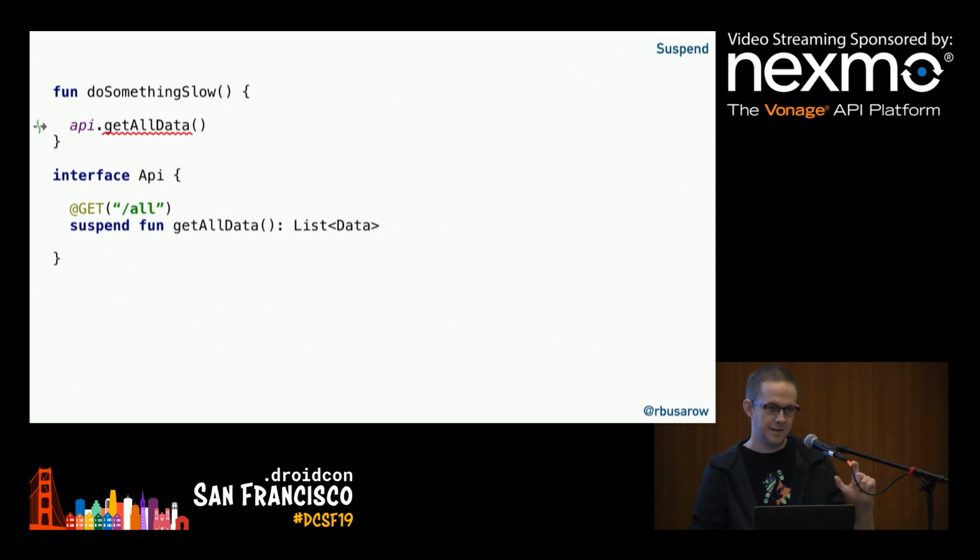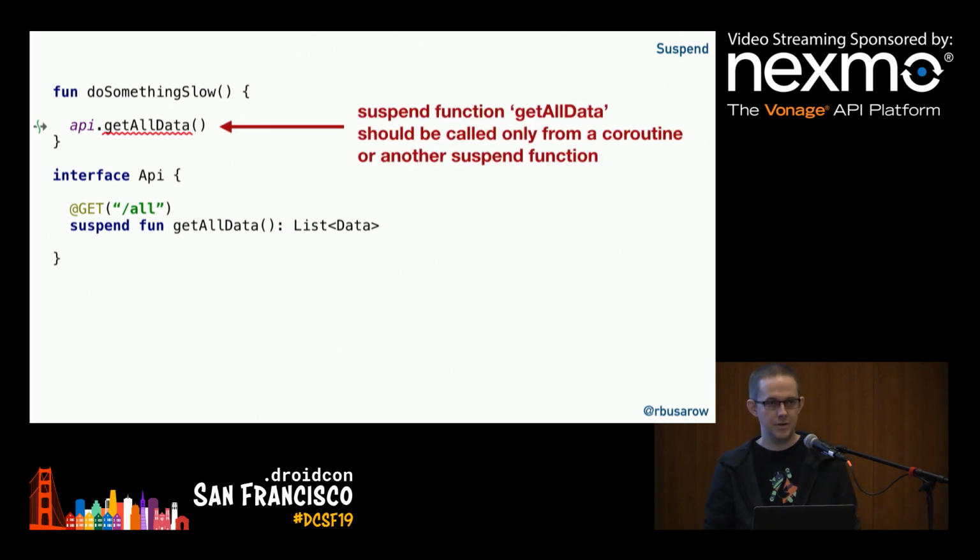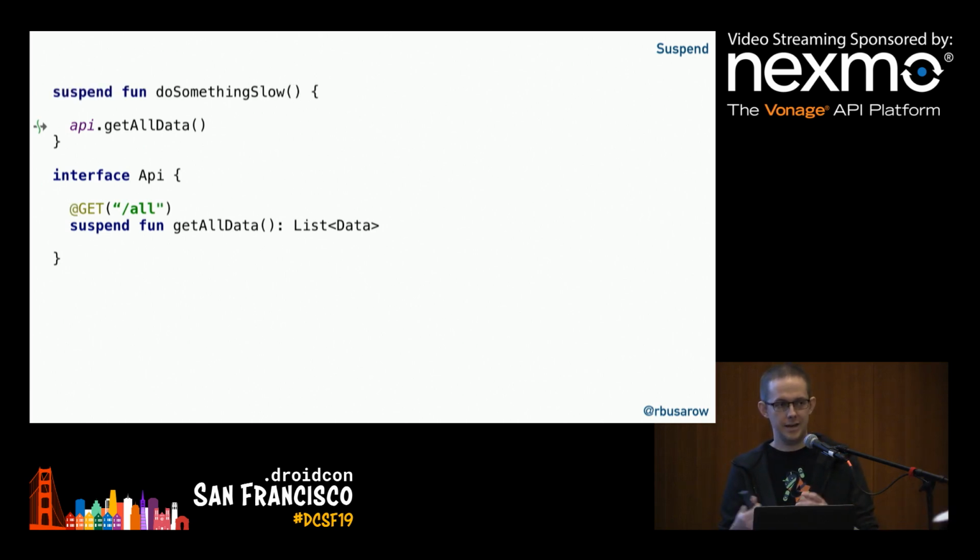We've got that gutter icon back, which tells everybody, and we know now that this is a suspend call that we're making. And we've got this red squiggly line because you can't call a suspend function unless you are currently inside a coroutine, which means you need to do a launch or you need to have a suspend modifier of your own. So what we're going to do here is just add a suspend modifier to this function, and we can let someone else worry about actually creating the coroutine.